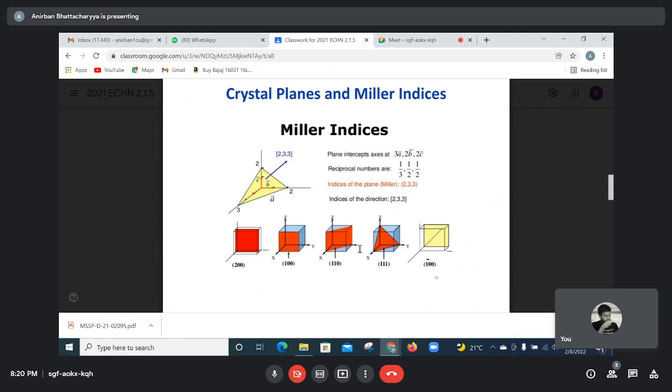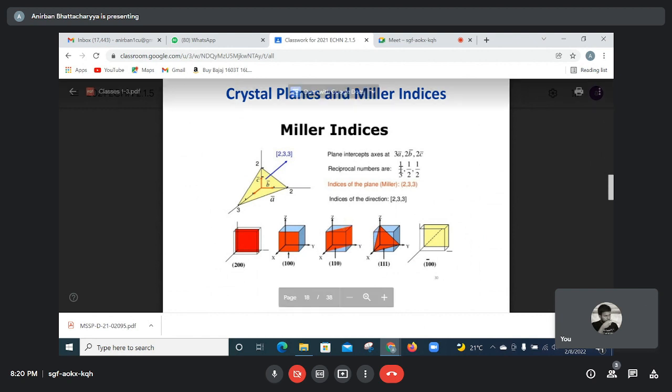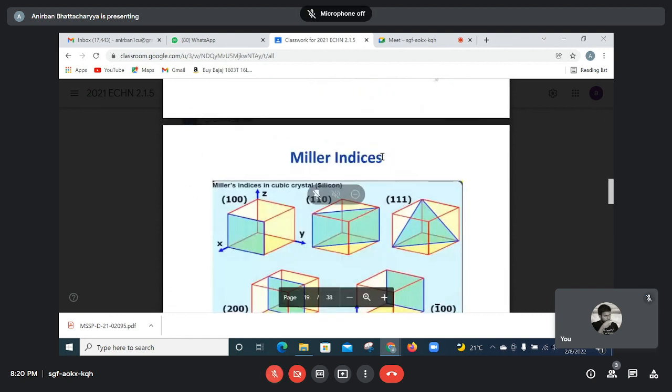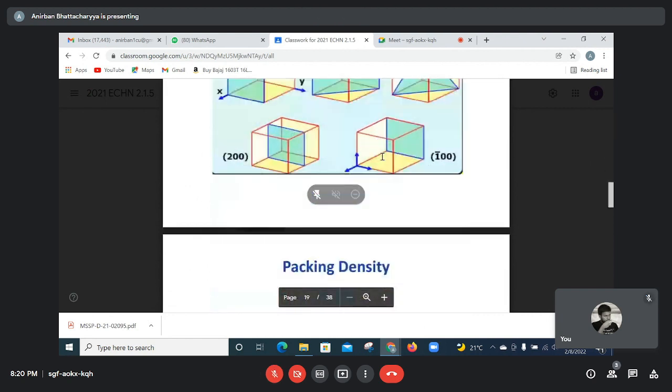Multiply throughout by A, you get 110. So this plane is 110. This plane is 111. Something like that. So this is how you define individual planes. And this is another picture of the same story.